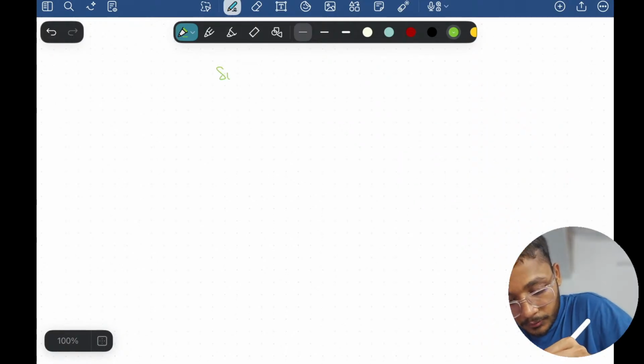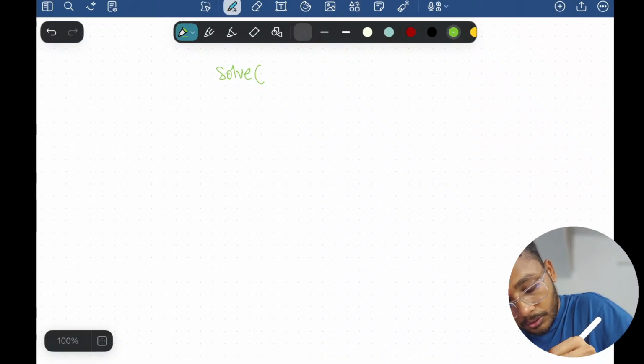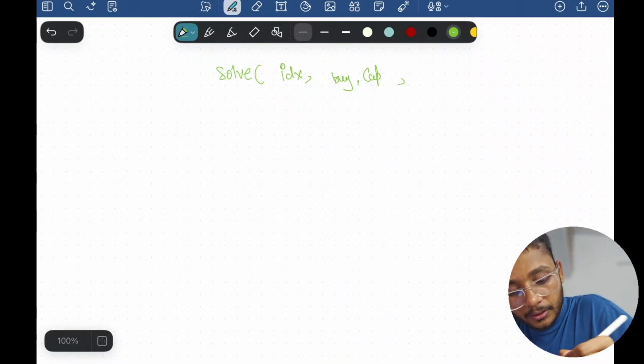So solve will take index, buy, capacity, and then we'll have the memoization array.